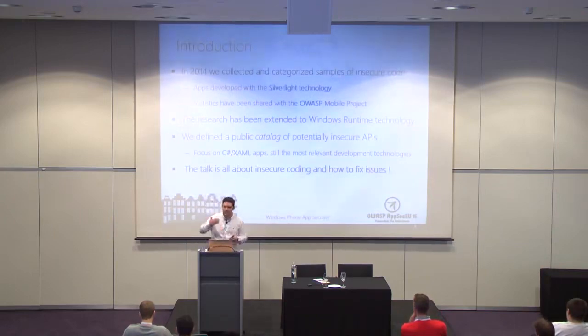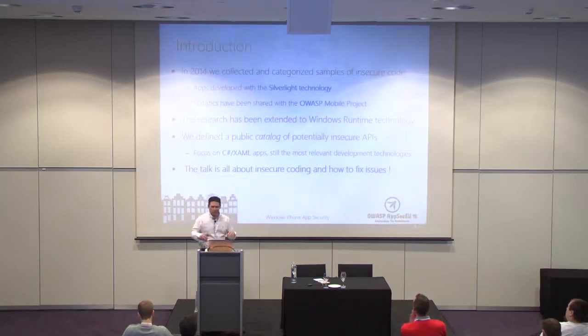Then we decide to extend our research because during the first step of the study, we only target application developed with the Silverlight technology. So we decide to also analyze something like 160 more applications that has been developed with the Windows Runtime technology in order to cover all the security, or better, the insecurity or potential insecure usage of the API that are provided by the Windows Phone SDK.